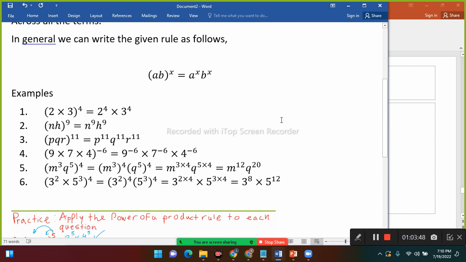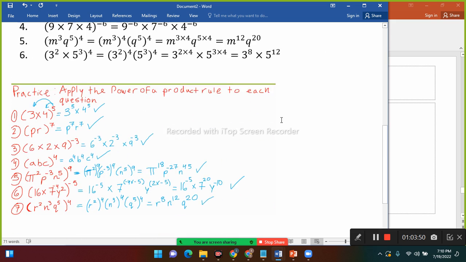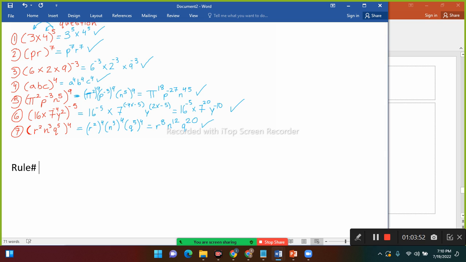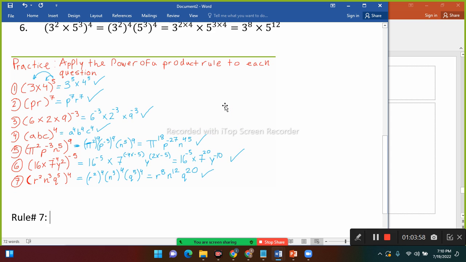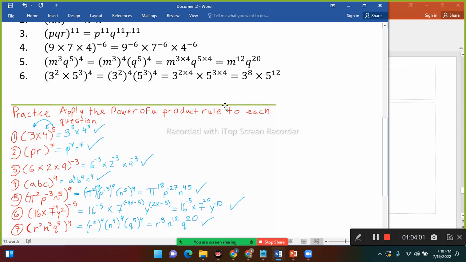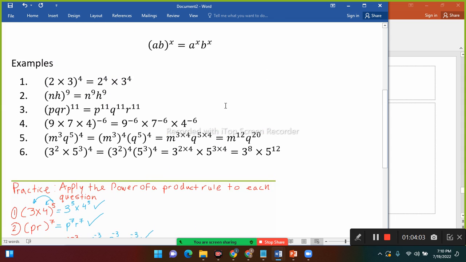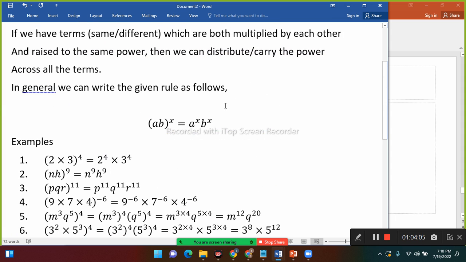There are only a finite number of rules, so we come to an end soon. We're not going to be on this topic forever, but these are some nice rules for manipulation of numbers and letters.